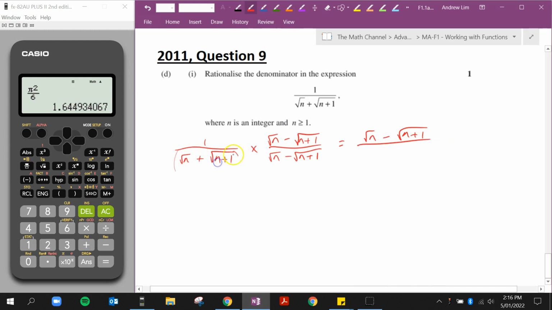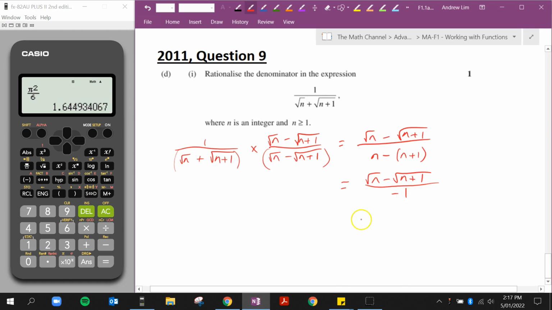Here we've got our difference of 2 squares. Root n squared is just n, put a minus sign. Root n plus 1 squared is n plus 1, but remember we're subtracting all of that. So here we've got root n minus root n plus 1. n minus n is 0, and then we've got all of that over minus 1.